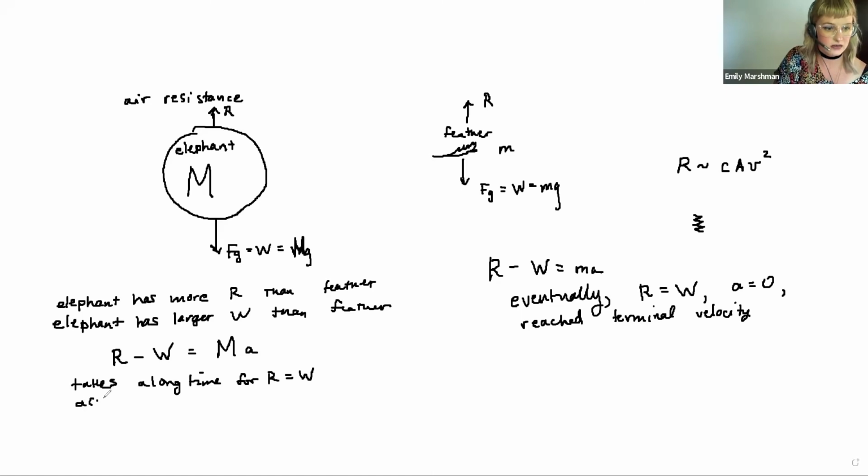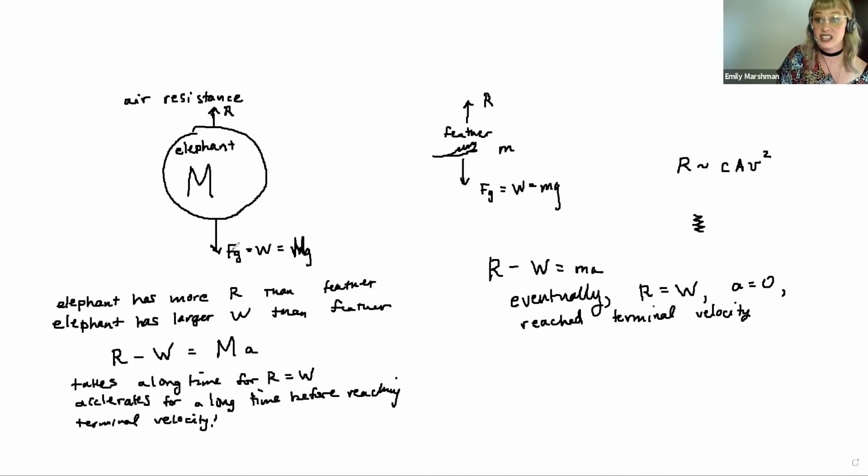So it accelerates for a long time before reaching terminal velocity. So this thing is going to accelerate a long time.